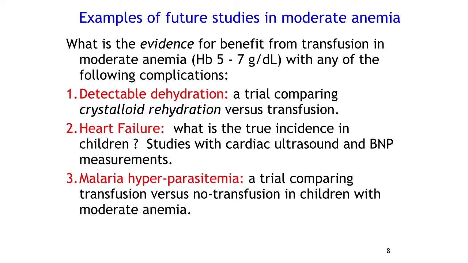It is not a predictor. And so if it is not a predictor of progression to severe anemia, why should WHO recommend that a child with malaria and hyperparasitemia, who is moderately anemic, be transfused? Again, another gap there. So again, an opportunity for us to do some clinical trials.